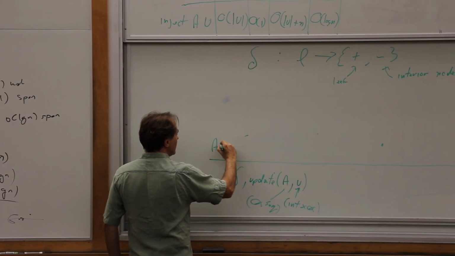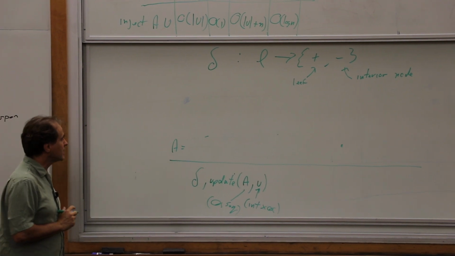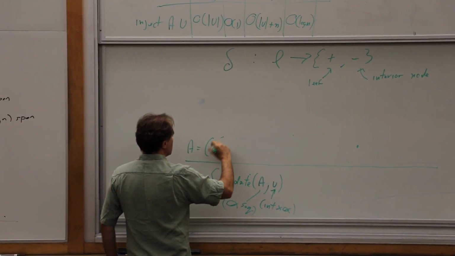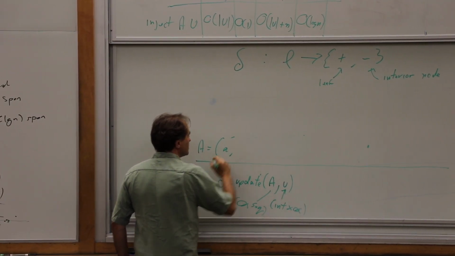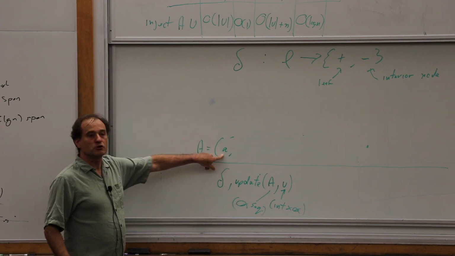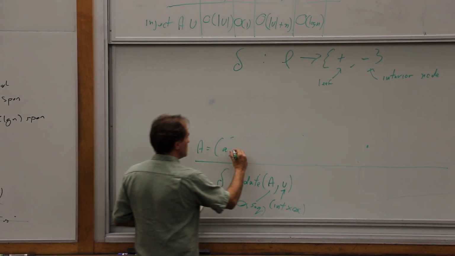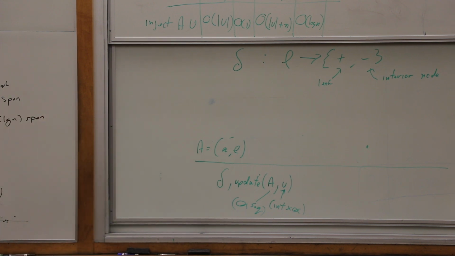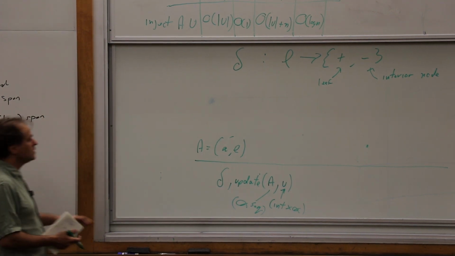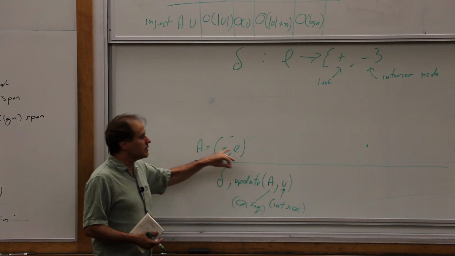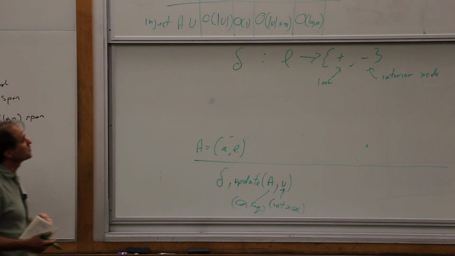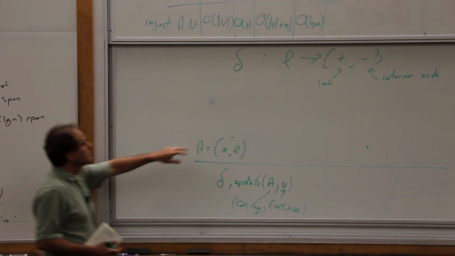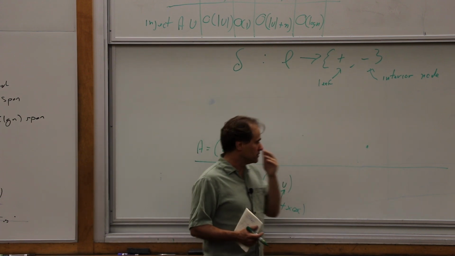We're going to assume that our arrays are actually a pair of things. I'll write it down as a little a, which is a pure array, and a label. That's how we store it. So we keep with each array a label, and that label is going to then map to either leaf or interior.